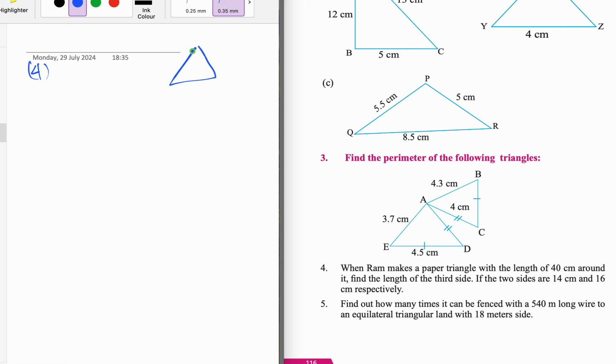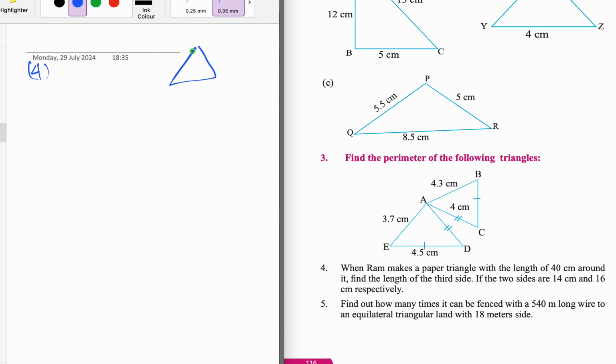Around it means from here to here to here. Let me draw in another color. It means the sides together are 40 centimeter, which means the perimeter is already 40 centimeter.